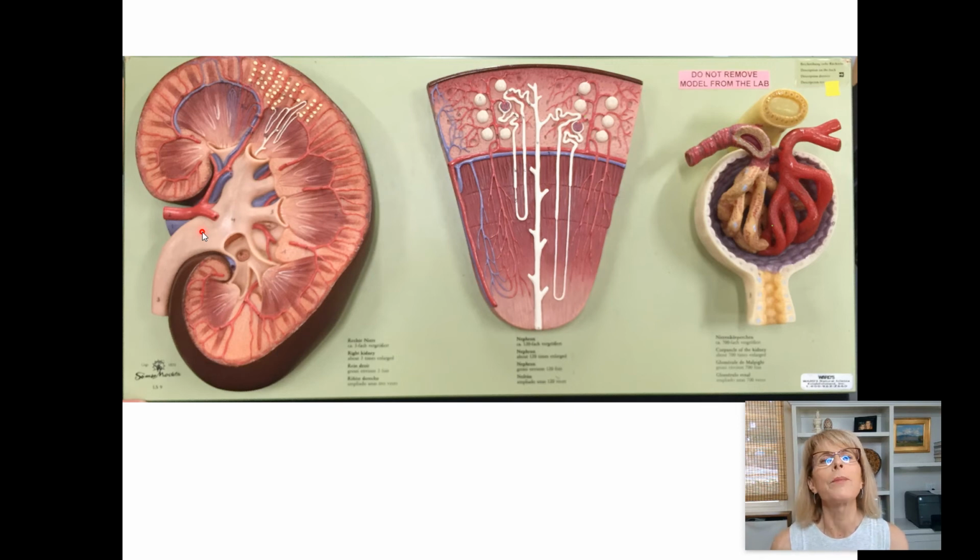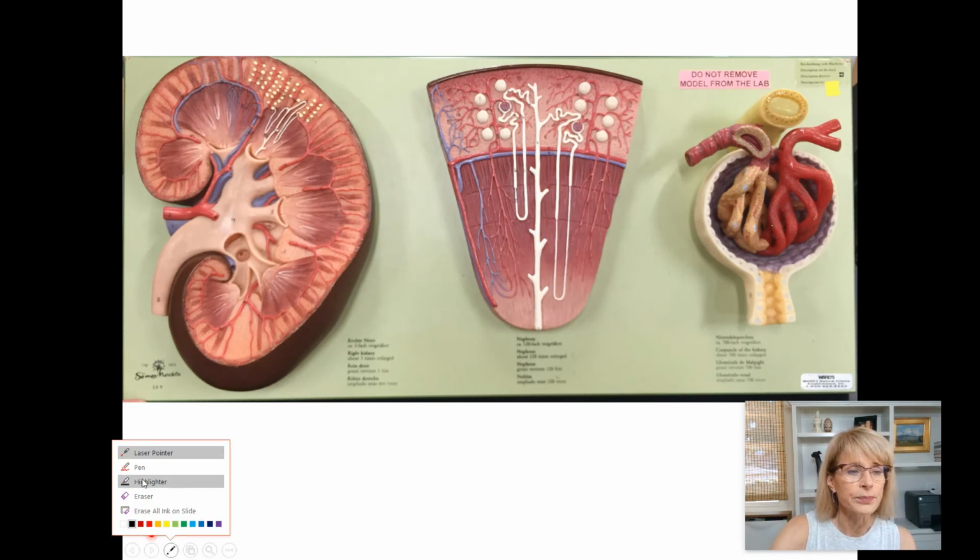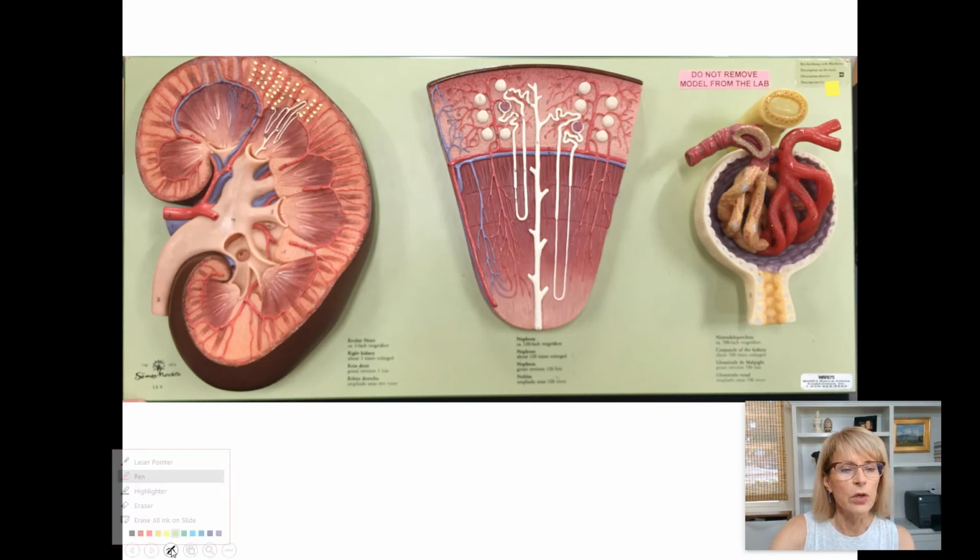What is a renal pyramid? Well, I was describing to you that there is an area here that is called a lobe of the kidney. That's not an anatomical term you need to know. But a lobe of the kidney is this thing that kind of looks like a triangle right here and the overlying tissue. This thing looks like a triangle when we've cut across the kidney the way we have.